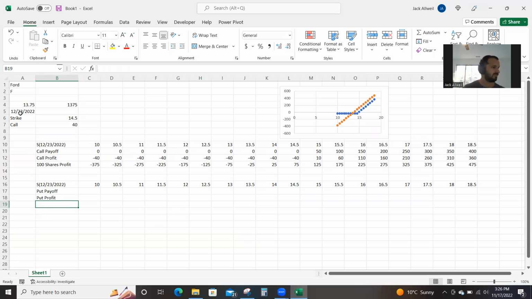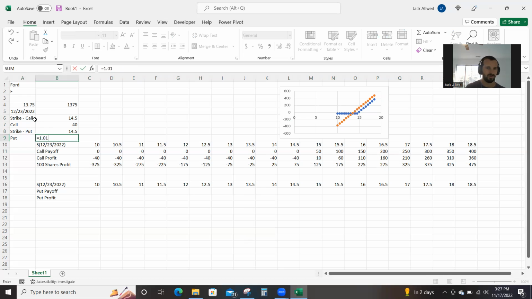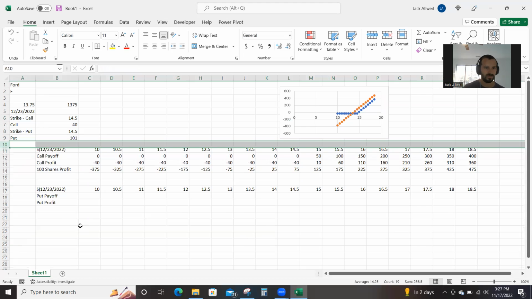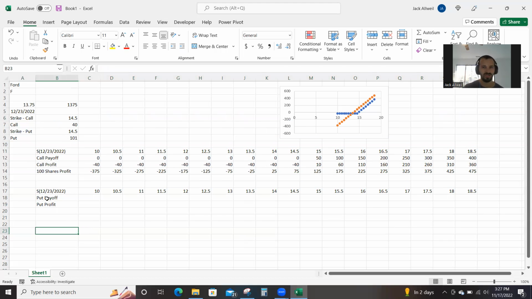Let's keep with the 14.50 put. I'm looking this up. So this is what the price would be right now. And notice that it's more expensive because the put is the right to sell for 14.50. So if we're at 13.75 right now, that's 75 cents in the money.